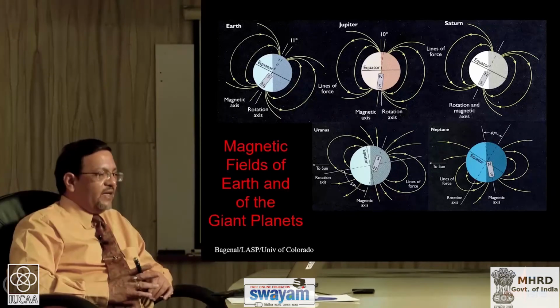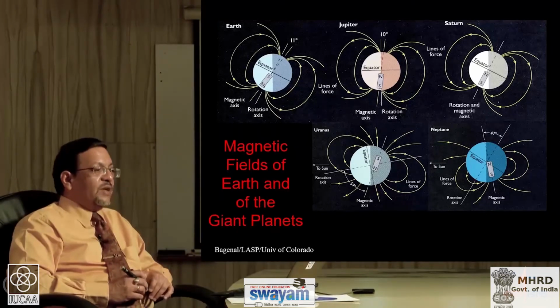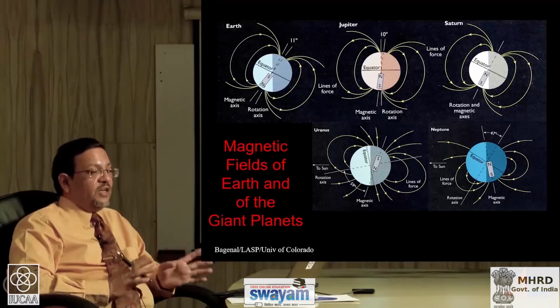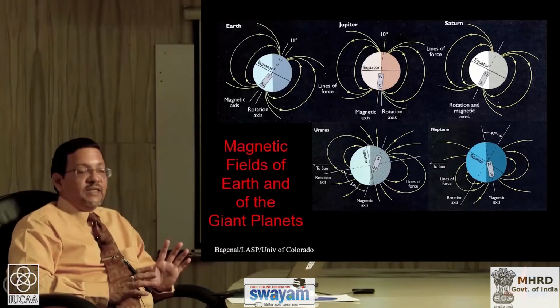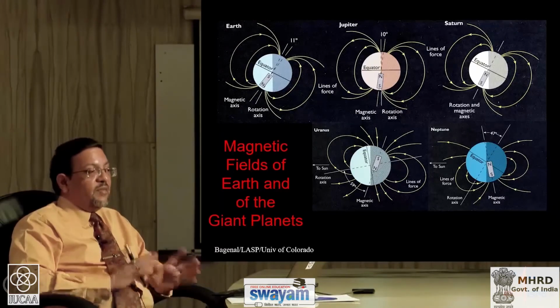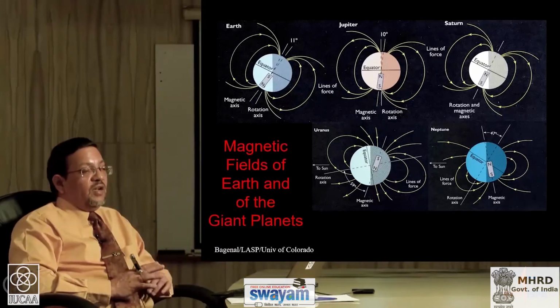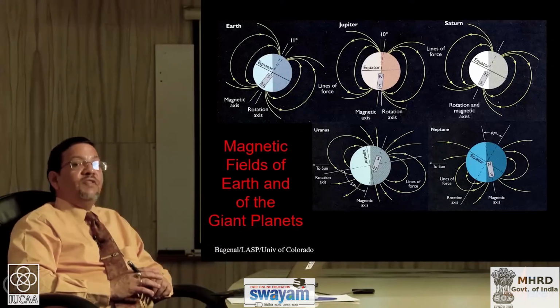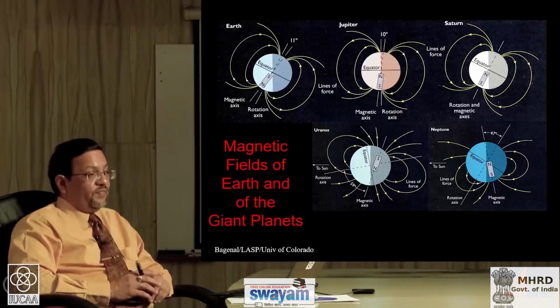Saturn is perfectly aligned, but Uranus and Neptune have a much larger tilt between their magnetic axis and the spin axis, which in turn means their magnetosphere configuration will be very, very different compared to the planet Earth itself.